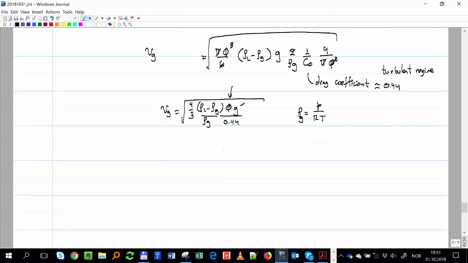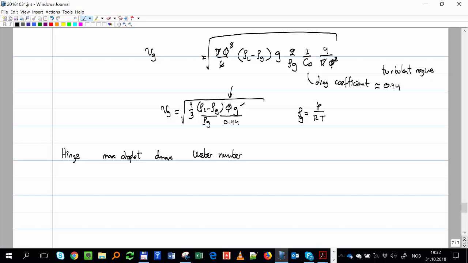But there was a researcher, I think in the Netherlands, called Hinze, who did some measurements in the lab and said the maximum diameter of the droplet, which I call D max, can be related to a special number called the Weber number.